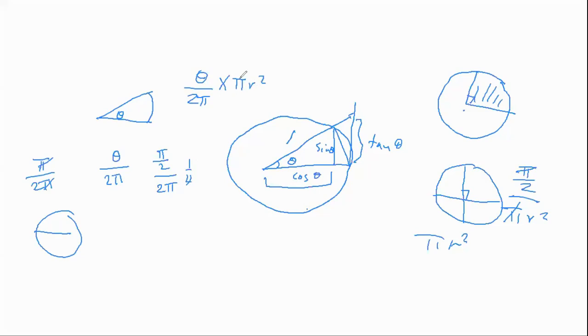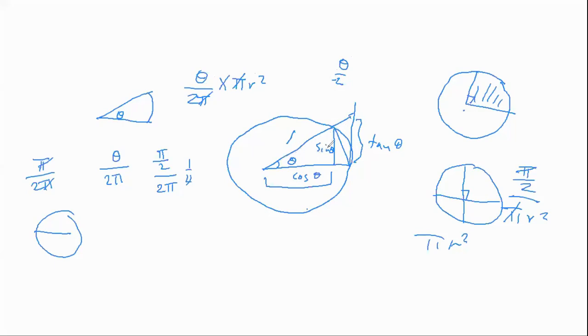So this will give us theta times r squared divided by 2, but r squared is equal to 1. So the area of this sector is theta over 2. Everybody sees that?